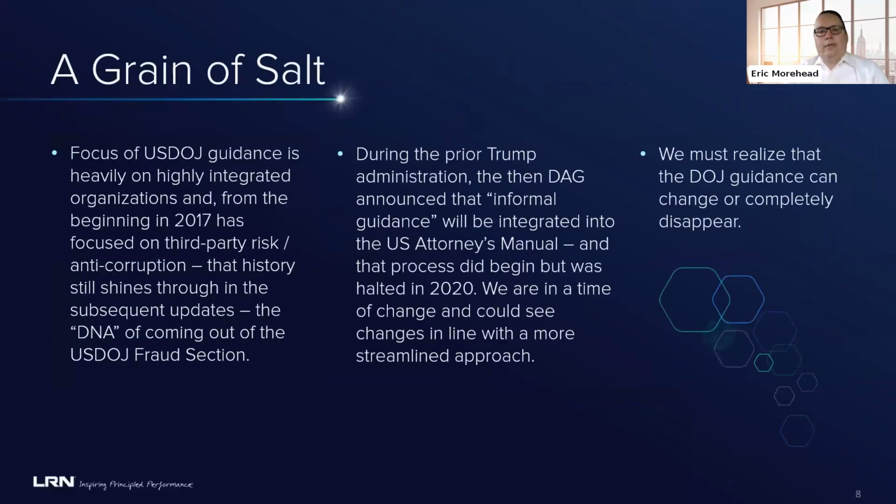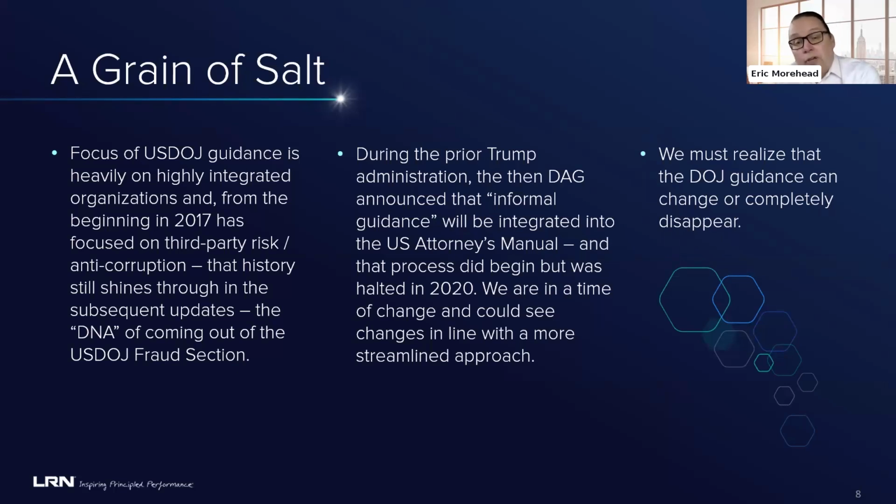I call this the grain of salt with regards to the DOJ memo. And I think this is important too for everybody to understand when we're talking about guidance from the Department of Justice. As I said, the DNA of this memoranda goes back to the fraud section of the Department of Justice.